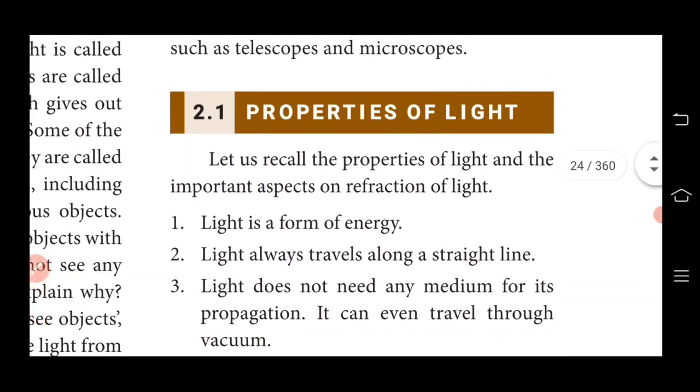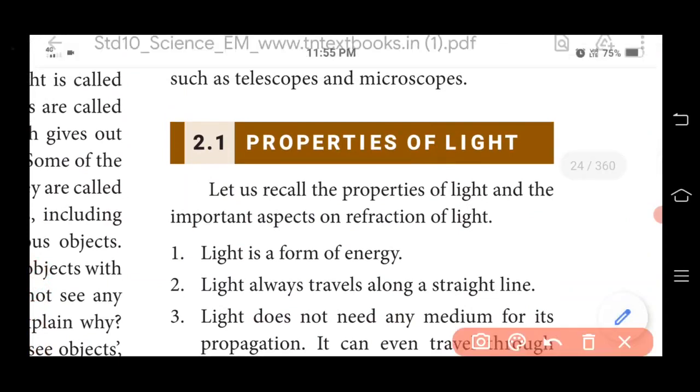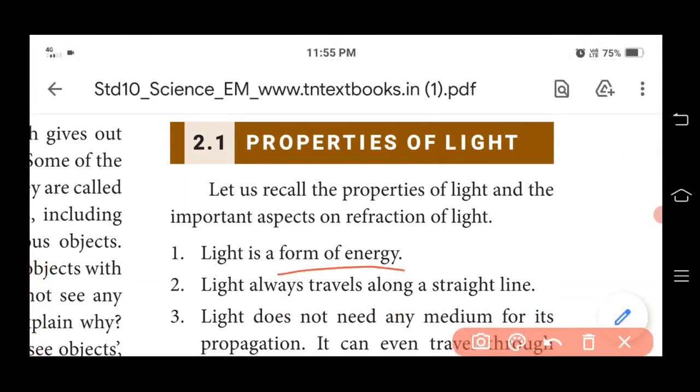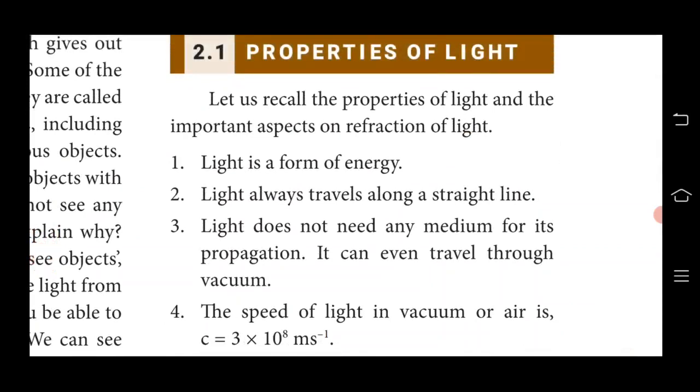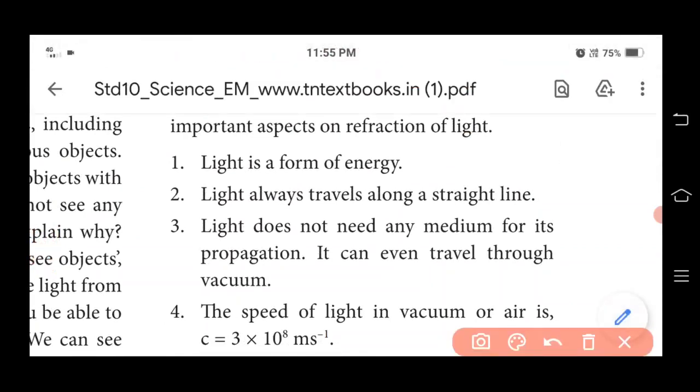We know that the first property is light is a form of energy. This is the first point. And then light travels along a straight line. Third one, light does not need any medium like solid, liquid, gas.